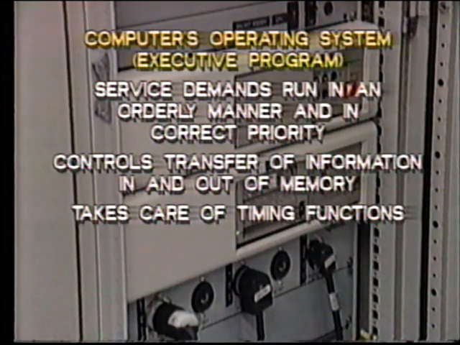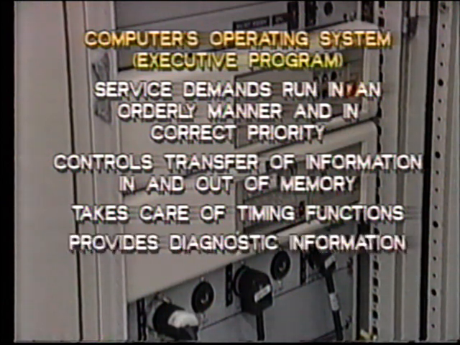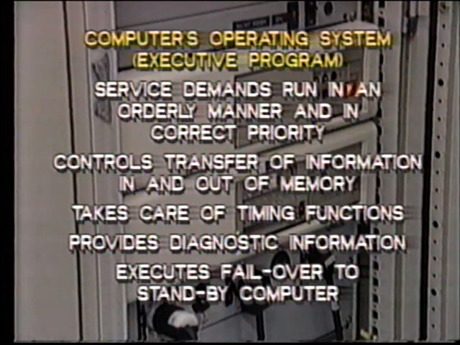It also takes care of all of the functions which require timing, for example, regularly scheduled tasks such as a 2-second scan or a weekly report. This executive software program also provides diagnostic information in the case of a failure in the system, and as part of this function, it executes failover to the standby computer.